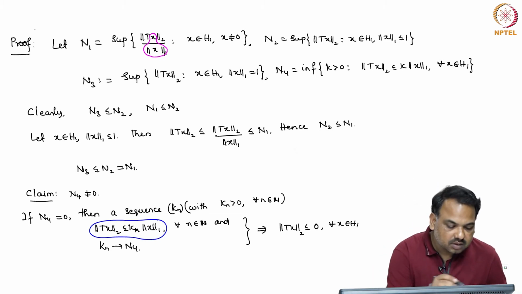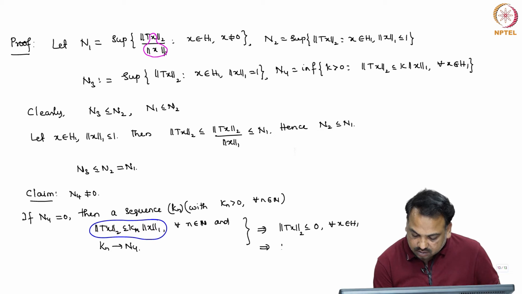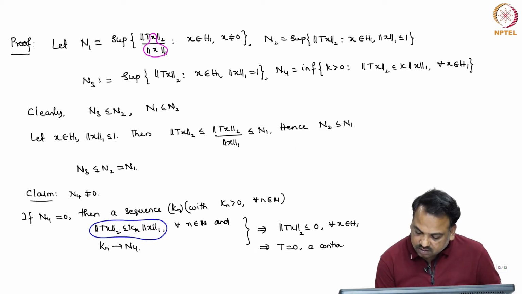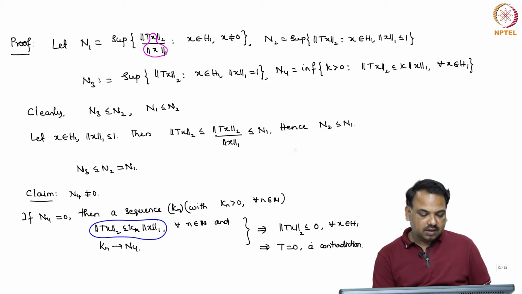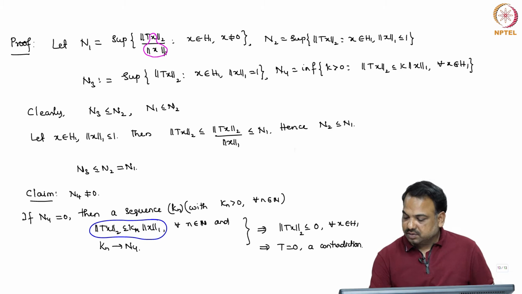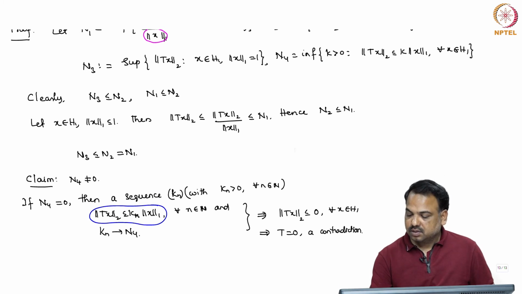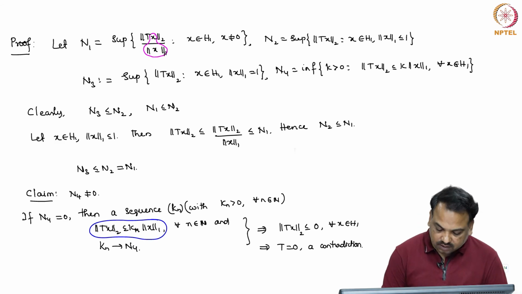From that we can conclude that T equal to 0, which is a contradiction. Hence, N4 cannot be 0. So we have shown that N4 is non-zero.